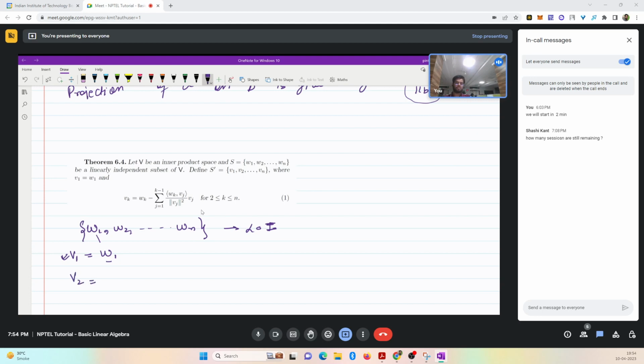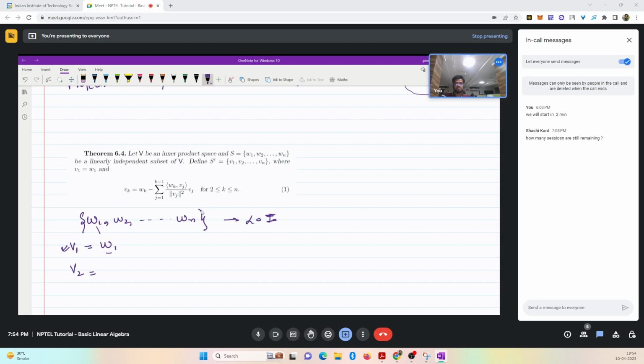Now, to obtain v2, from w2 you will subtract the projection of w2 onto v1.